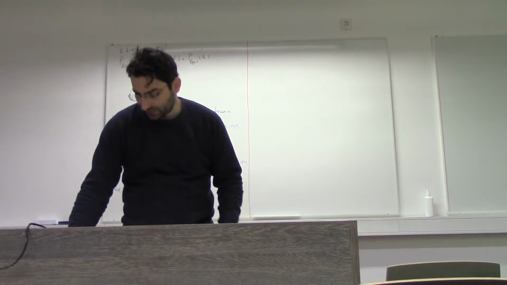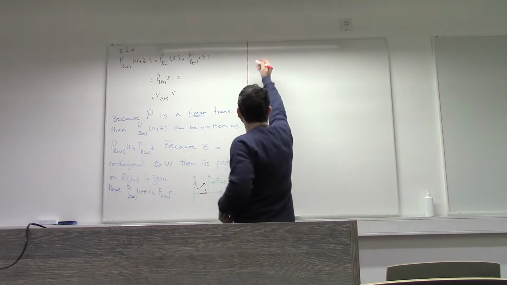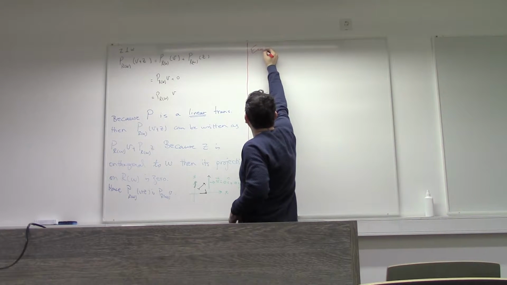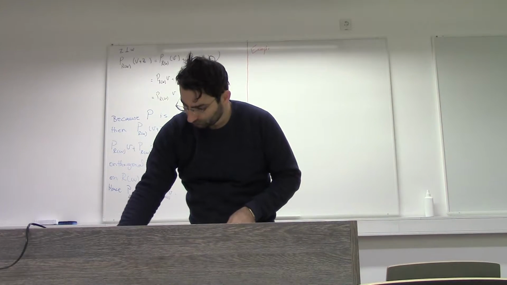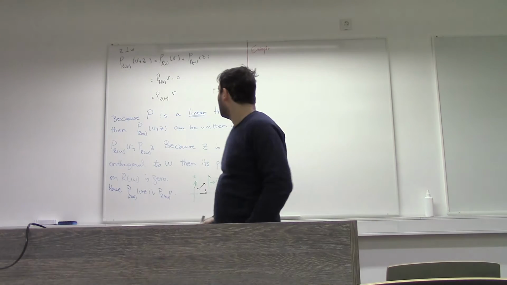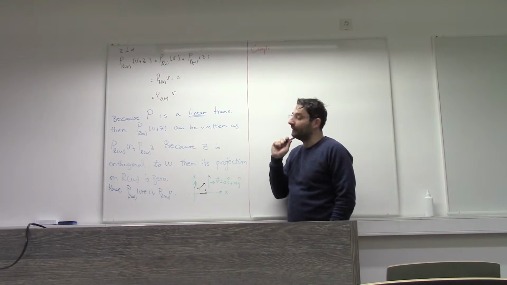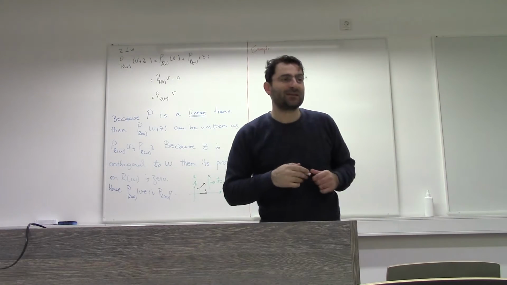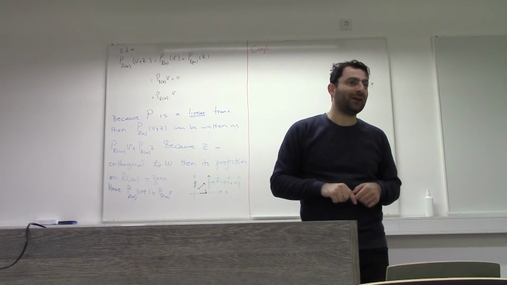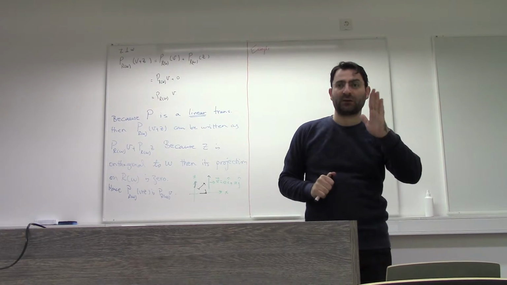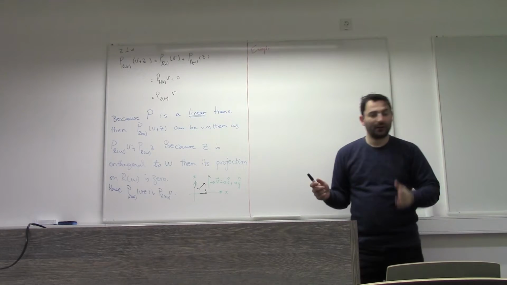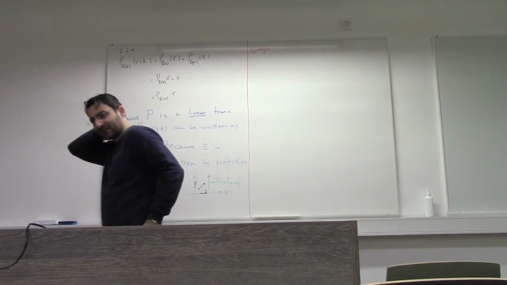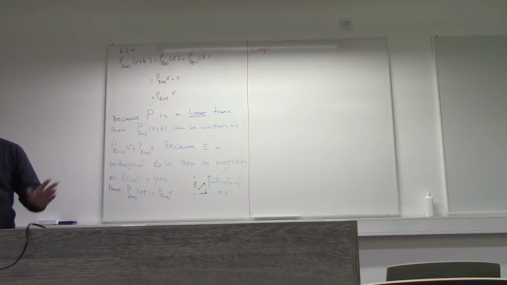So let's do another example. Basically, what we said is we can decompose a vector into the projection of the vector on the range of another vector space plus the projection of that vector on the orthogonal complement of that one.